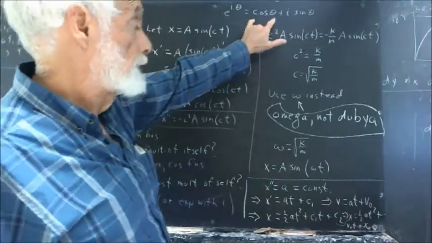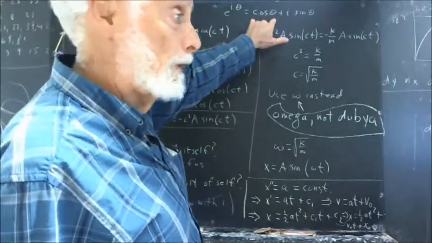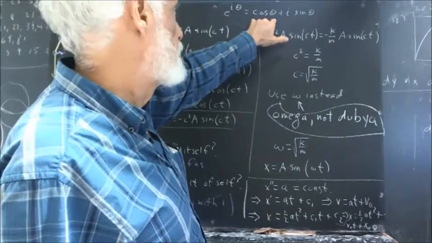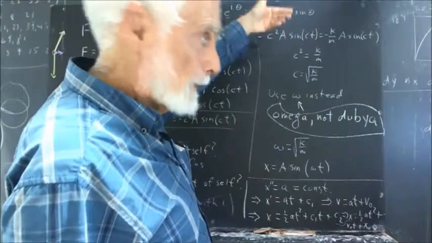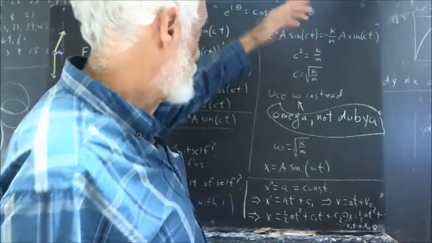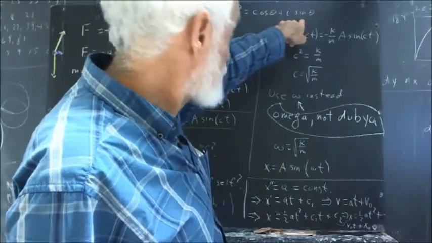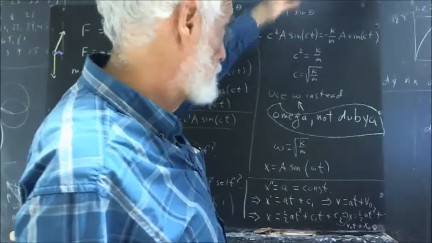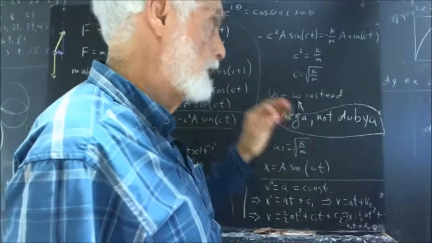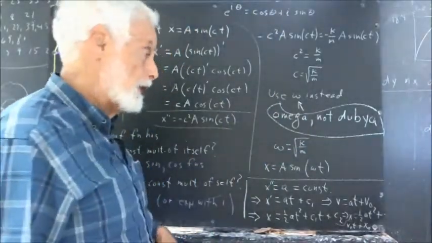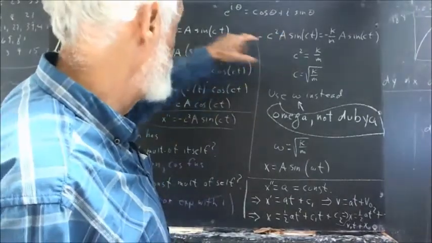If you write down the power series for cosine theta, the Taylor series, that's 1 minus x squared over 2 plus x to the 4th over 4 factorial, etc. The sine is x minus x cubed over 3 factorial plus x to the 5th over 5 factorial, etc. And you can easily do that. You might have to review what a Taylor series is and how you obtain the coefficients, but it's very simple.